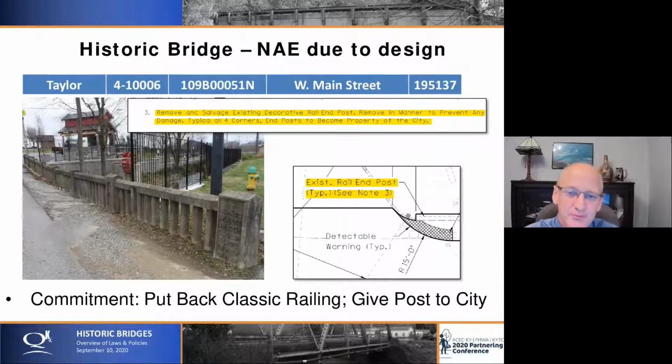In District 4 in Taylor County down in Campbellsville, we have this historic bridge, and what makes it historic is the railing.